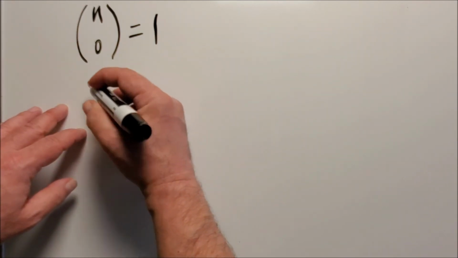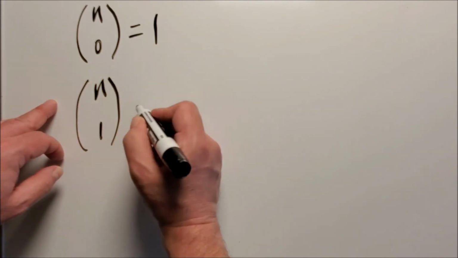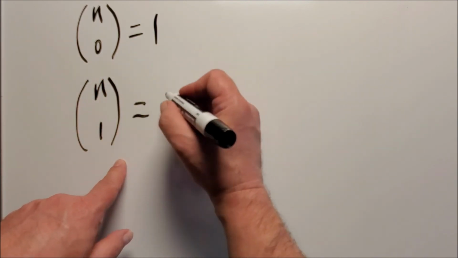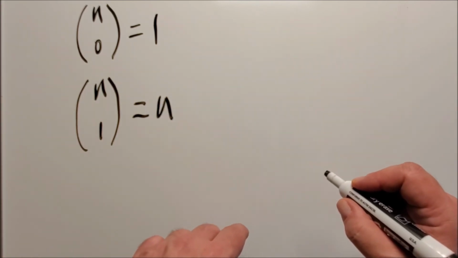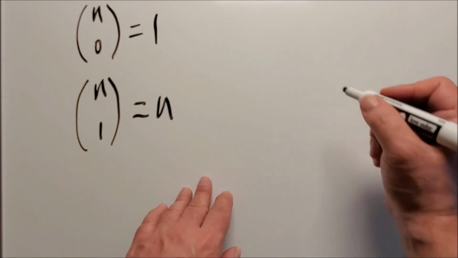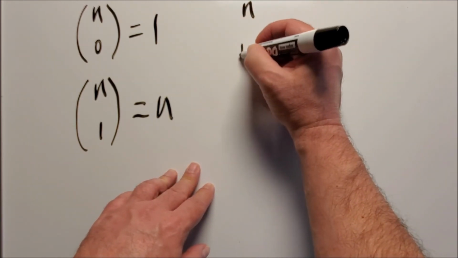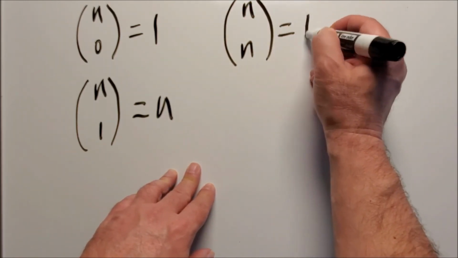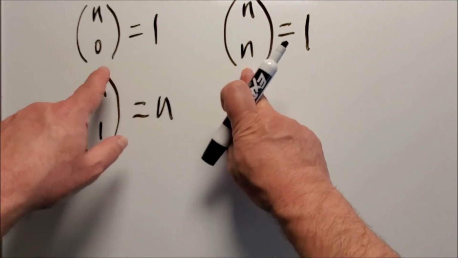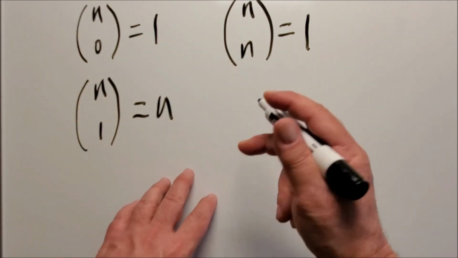Here's another rule. N choose 1 is n. N choose n is 1 also. And those go together, don't they, based on what we were just talking about a few moments ago.